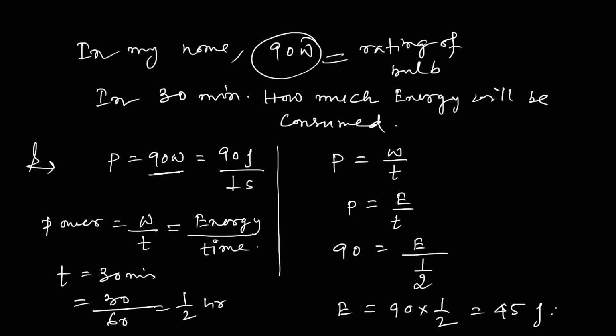Now, this type of question is very important from your exam point of view, and that formula will be applicable everywhere. Now we are just going to understand the different kinds of energies available over here. Electrical energy is measured in watt hour or kilowatt hour.